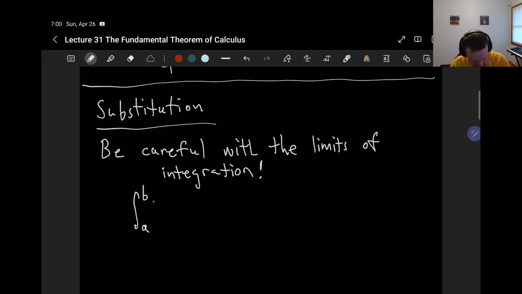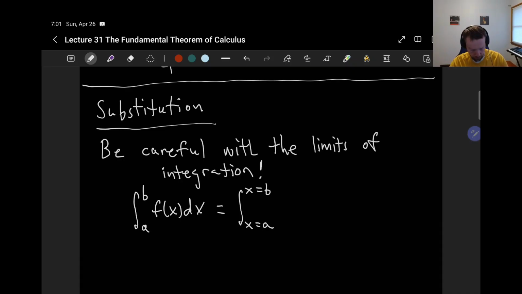So to illustrate, it's a typical definite integral. Well, what I'm not writing, but I could write, is that when I say a here, because x is my variable, I'm dealing with dx, I'm saying a is an x value, so is b.